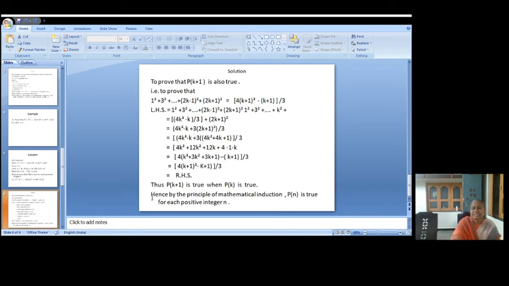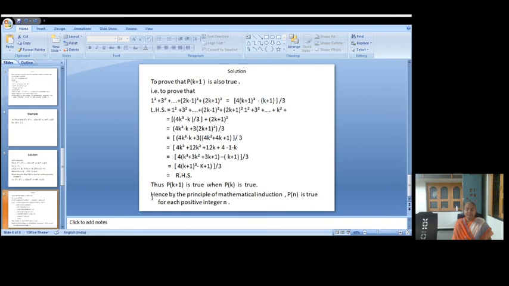You have to delete that, and you have to take up to 2k plus 1 bracket square. Now then we take this part as 1 square plus 3 square up to 2k minus 1 bracket square, the value of which is nothing but 4k cube minus k divided by 3, plus 2k plus 1 bracket square is there.